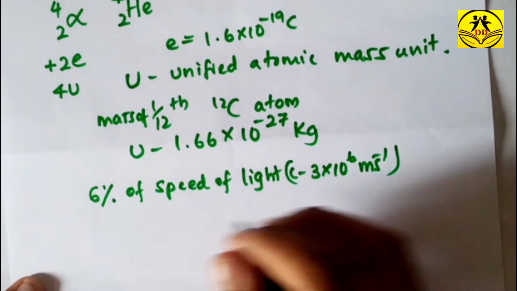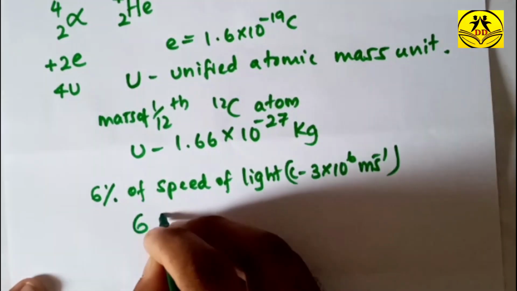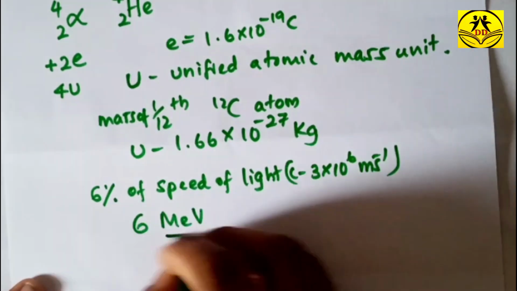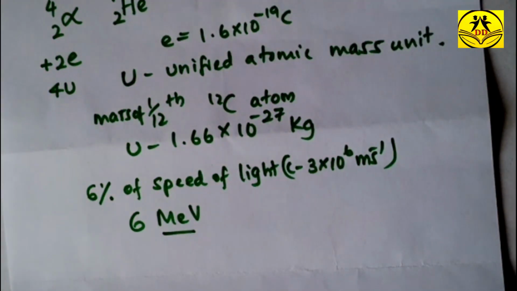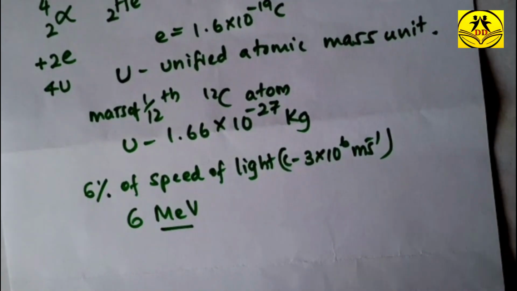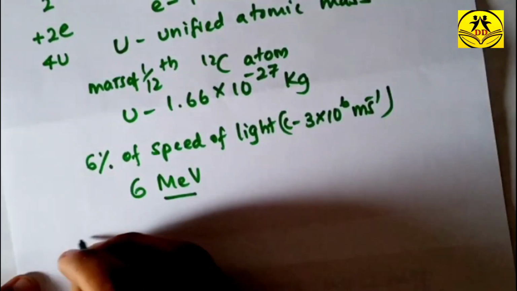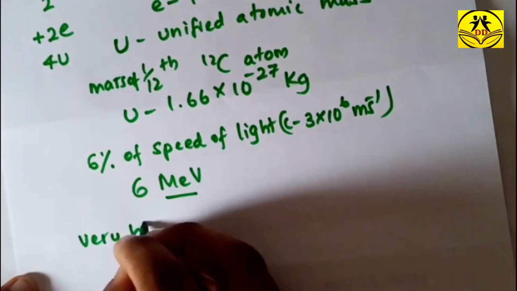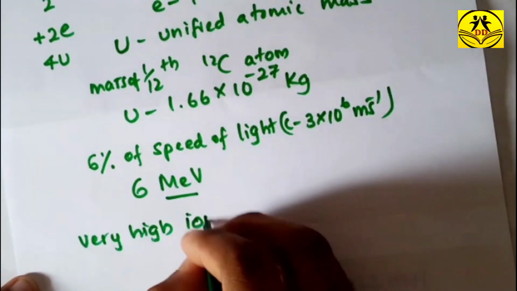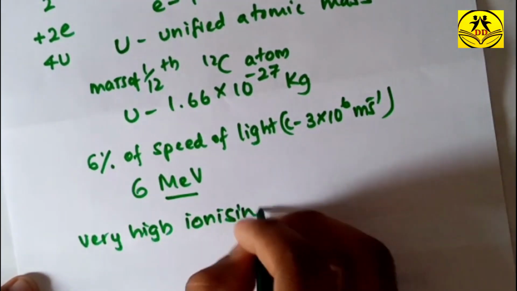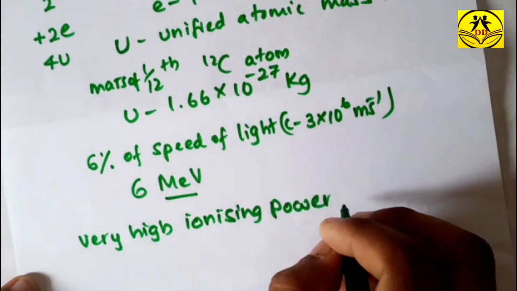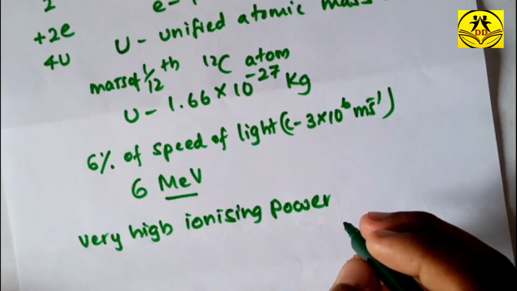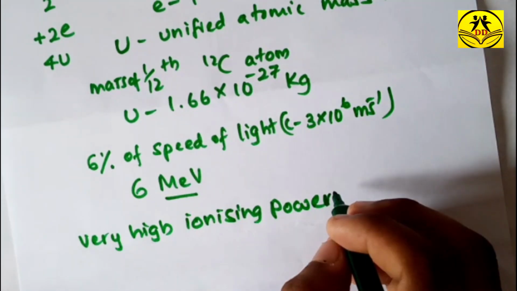Its kinetic energy is around 6 mega electron volts. When we consider alpha particles, they have the highest ionizing power. In fact, it's very high. They can ionize any particle when they collide with them.